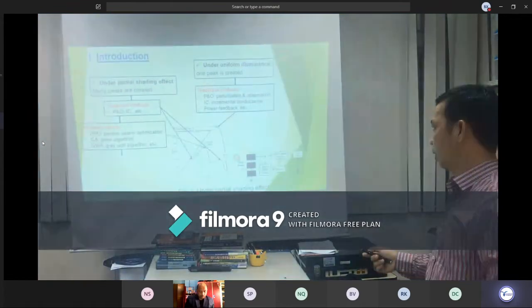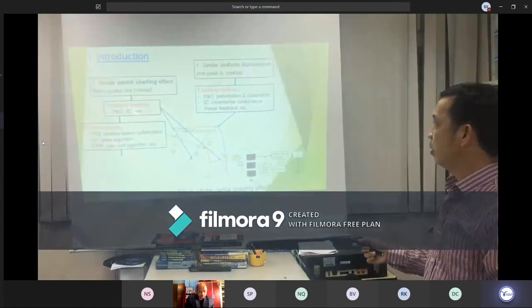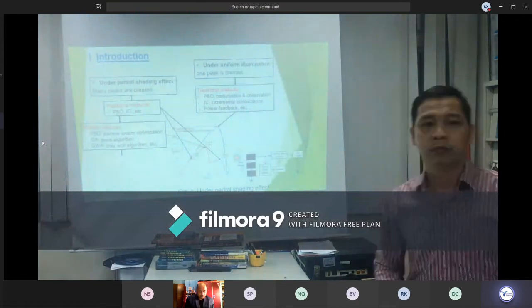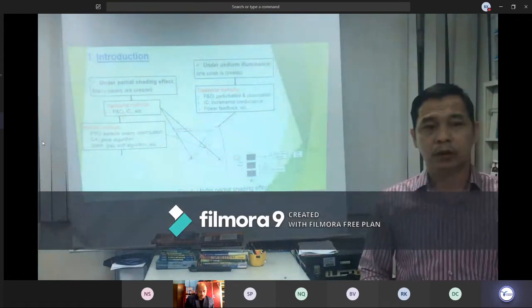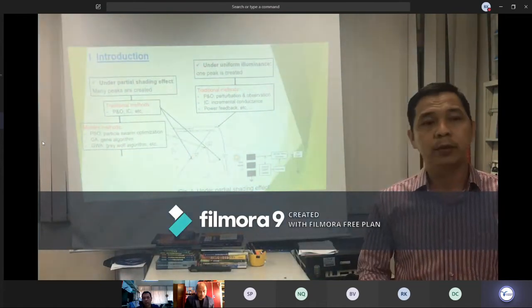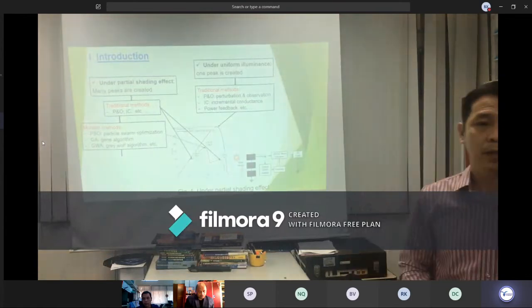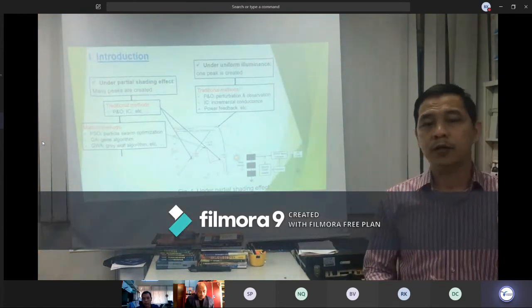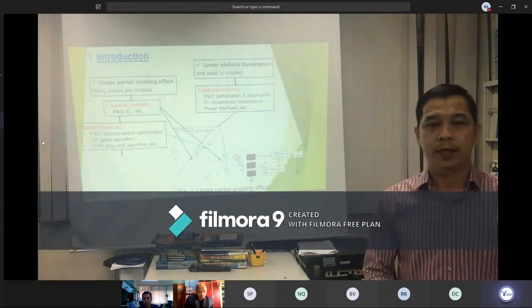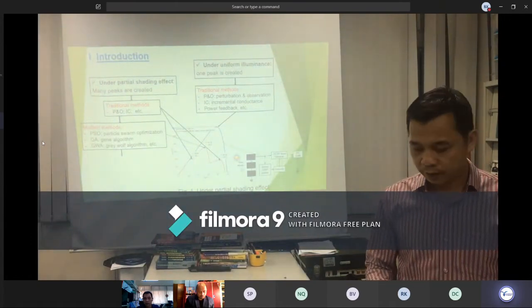Traditional methods such as P&O and IC will fall into the local MPP. Therefore, they cause energy loss and reduce solar conversion efficiency.